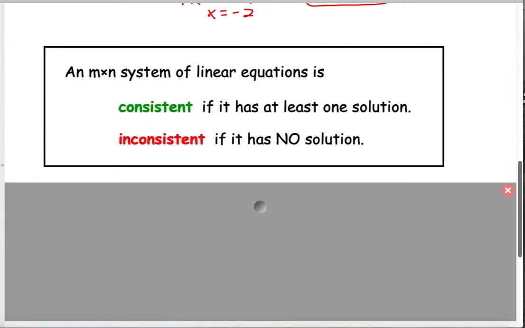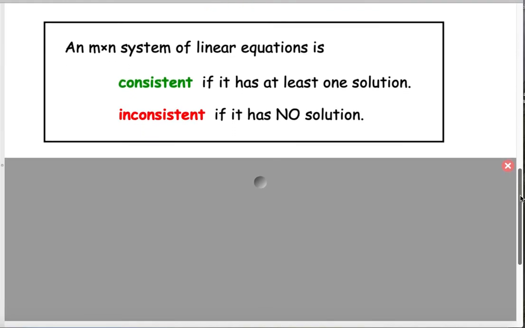So we have some terminology for the different cases of your solutions. If an m by n system of linear equations has at least one solution, we call it consistent. So the example above would be consistent. It's inconsistent if it has no solution.